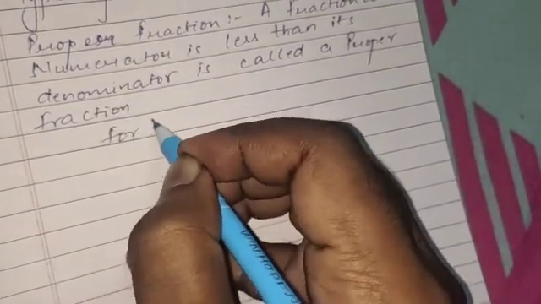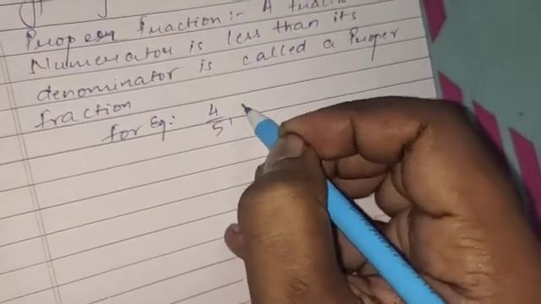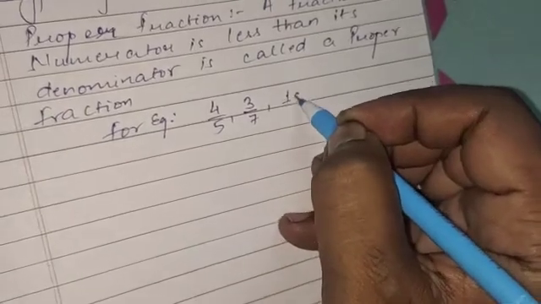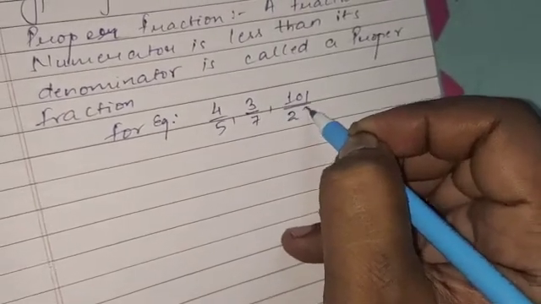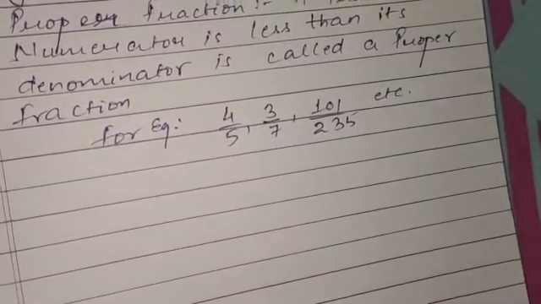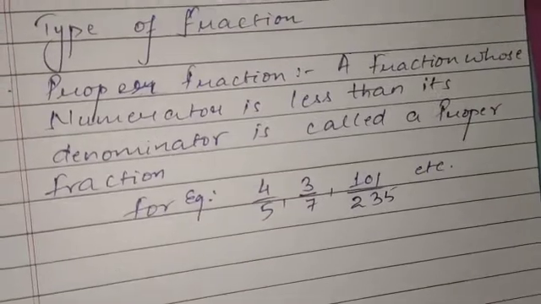For example, 4 by 5, 3 by 7, 101 upon 235, and so on. Here you are seeing that the denominator is bigger than the numerator, so this is the proper fraction.